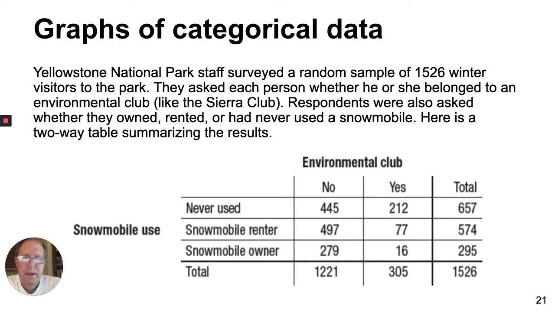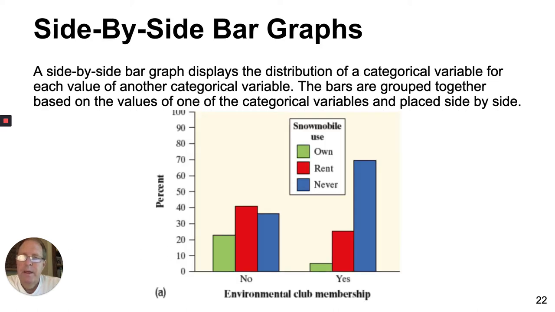That's the first observation I see. For each person, they were also asked whether they never used a snowmobile, had been a snowmobile renter, or a snowmobile owner. Here, I created a side-by-side bar graph for this data.